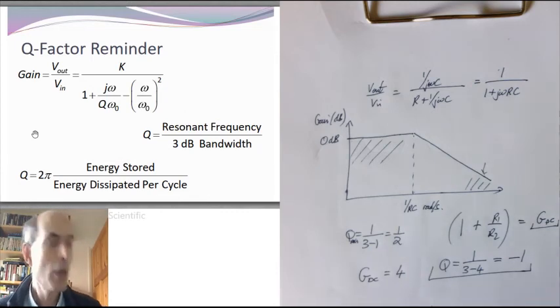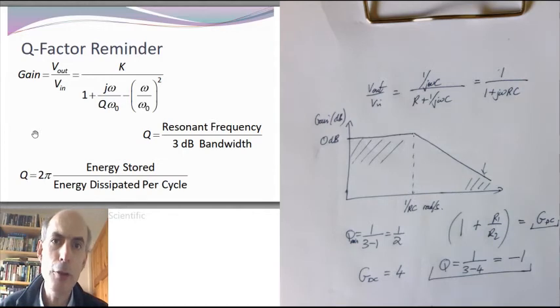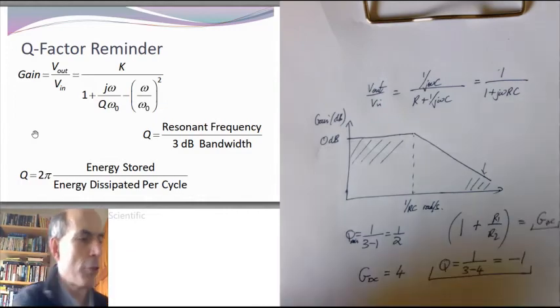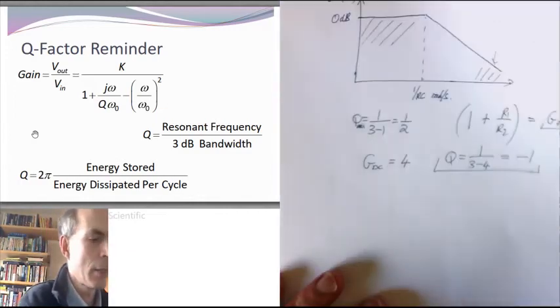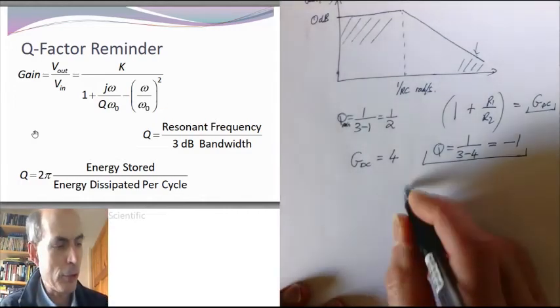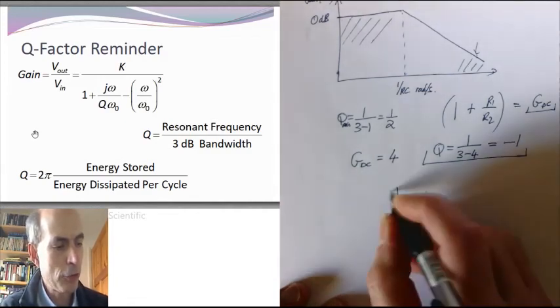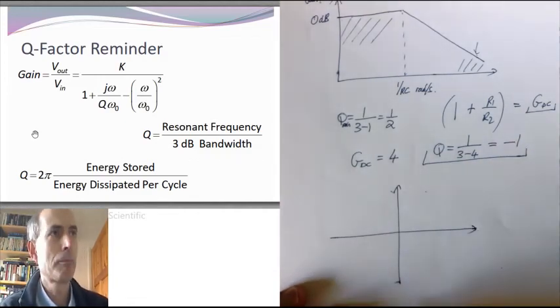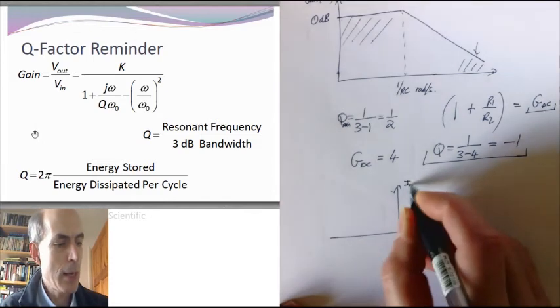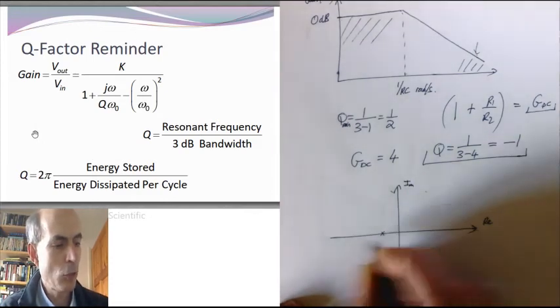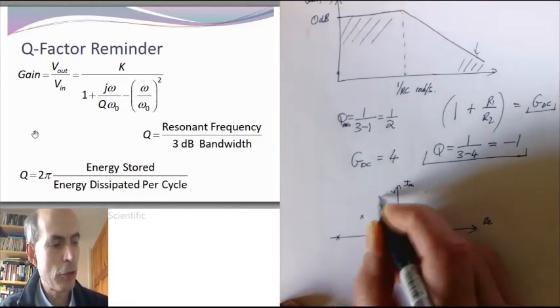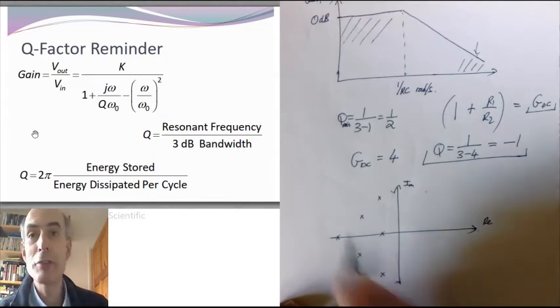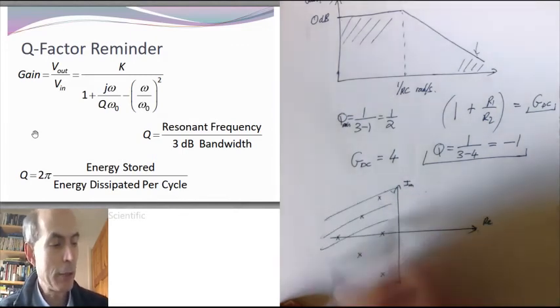You could also work out where the poles are. And if you do that, you'll find that the poles of a circuit with a negative Q are, unlike any other pole that we've seen before, on the right-hand side of the imaginary axis on an Argand diagram. Just about any other pole that we've seen or will see in the course of this module will be on the left-hand side of the Argand diagram.